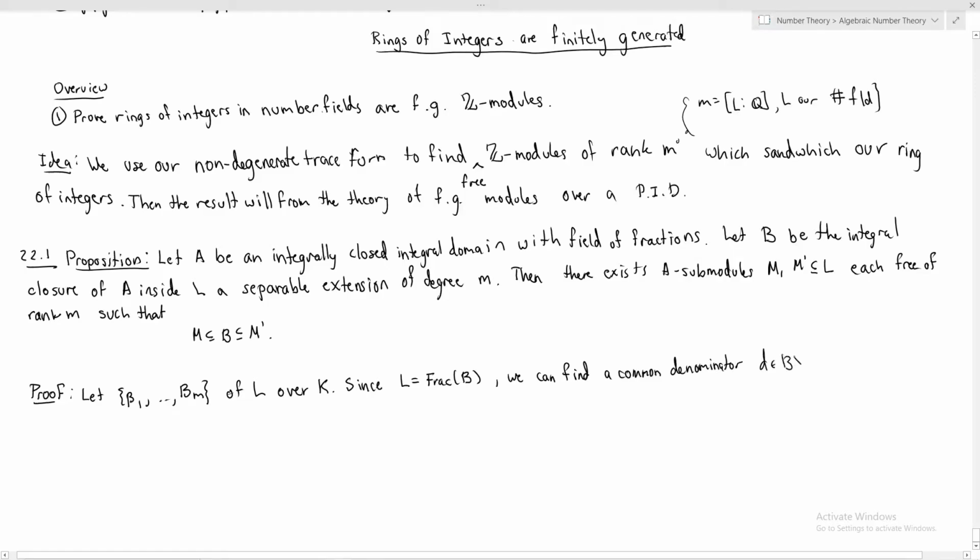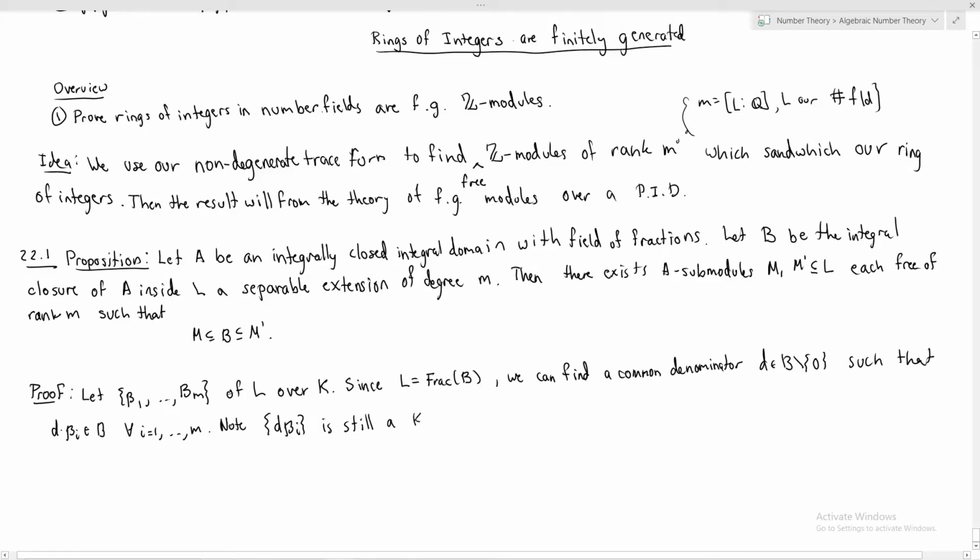We could really choose this in A, but it doesn't matter, it suffices to choose it in B, such that d times beta i is in B for all i between 1 and m. Note that this collection of d beta i is still going to be a K-basis for L. This is what's called an integral basis for L.